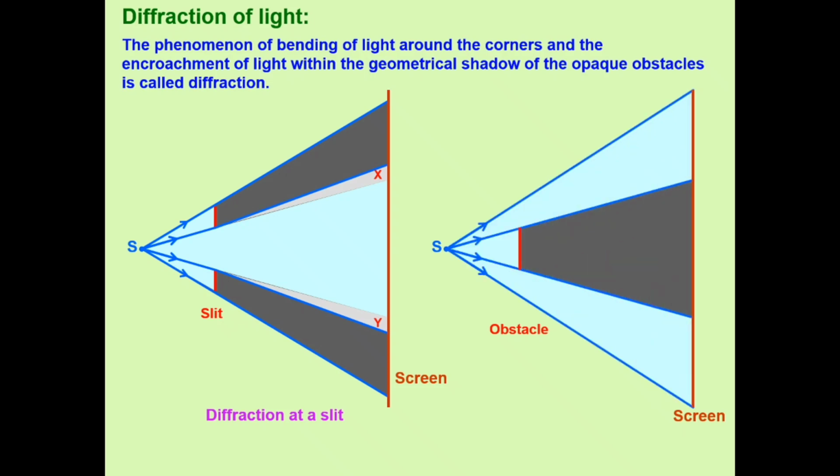Simply, from the rectilinear properties of light, when an obstacle restricts the light, you get a shadow. But from the wave nature of light, some portion of the shadow becomes illuminated because of diffraction of light. Here you see these X and Y portions.